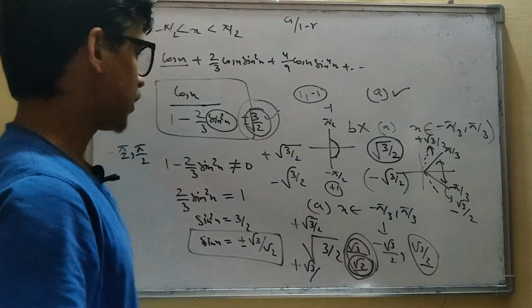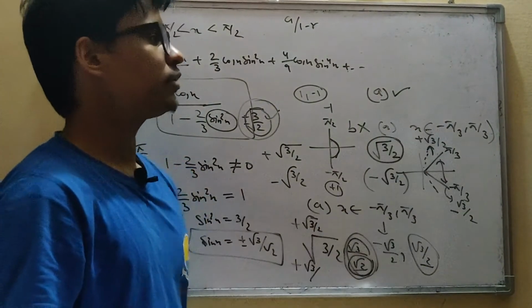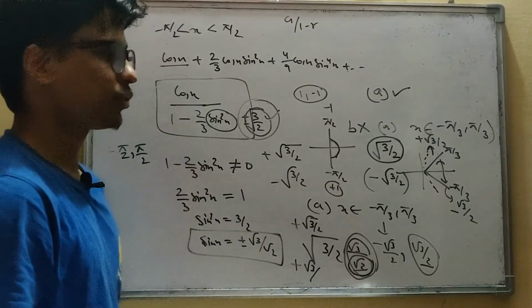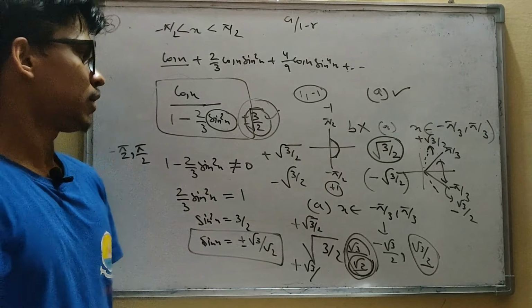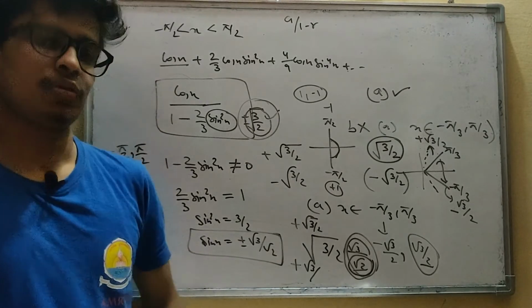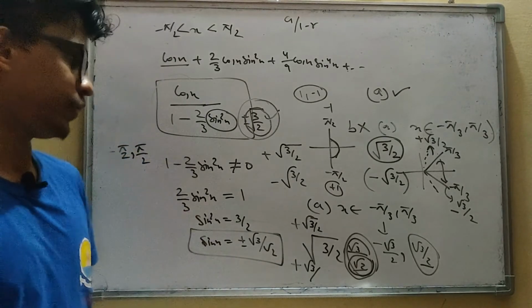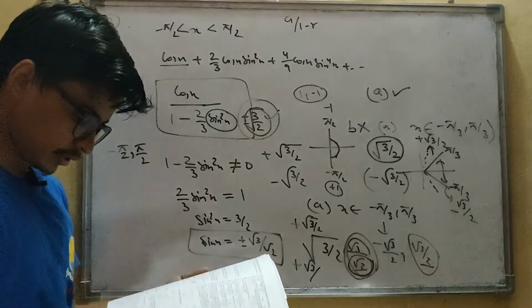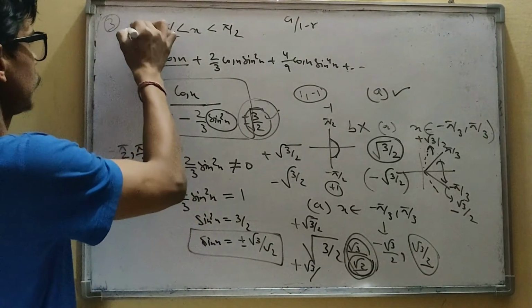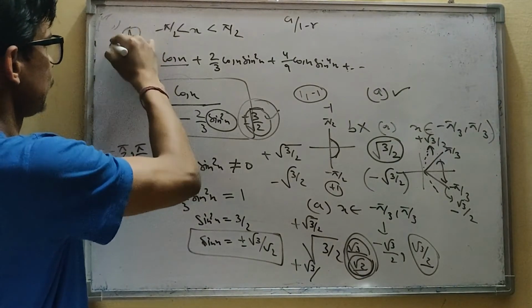So in this range it is not going to be infinite. It will always remain finite. If you are not getting this, rewind the video and watch it again. So this is how you can do it. This is for question number 4.